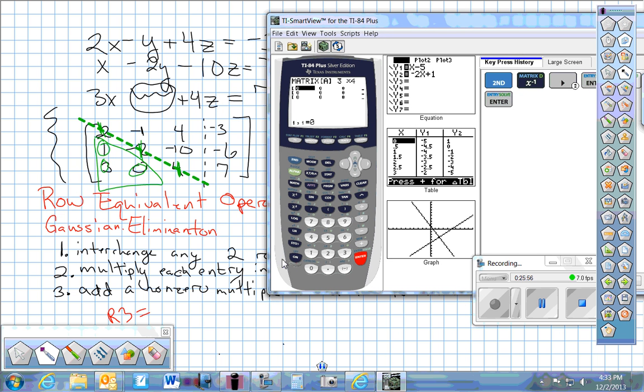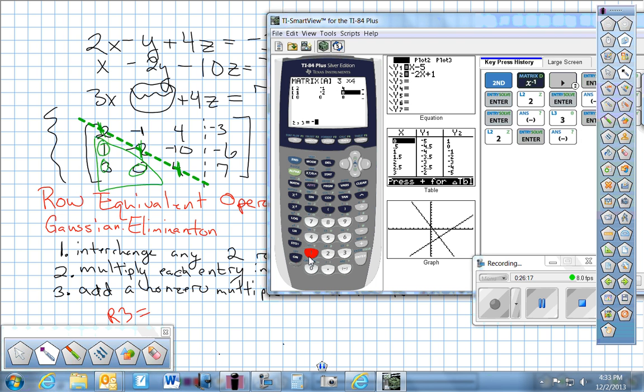So I have 2, enter, -1, enter, 4, enter, -3, enter. As soon as I hit that one, it automatically brings me down to the next row, and I have 1, enter, -2, enter, -10, enter, -6, enter. Whenever I finish the last entry in a row, it brings me back down. Then I have 3, 0, 4, 7.